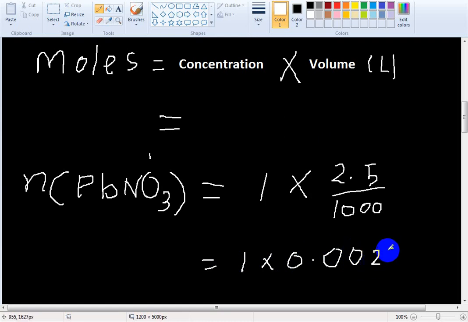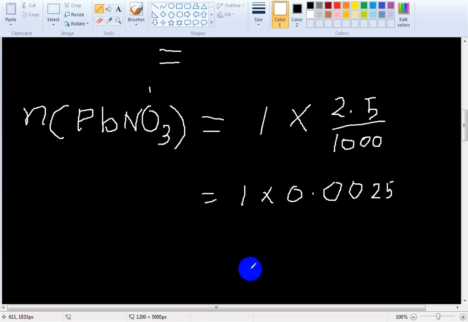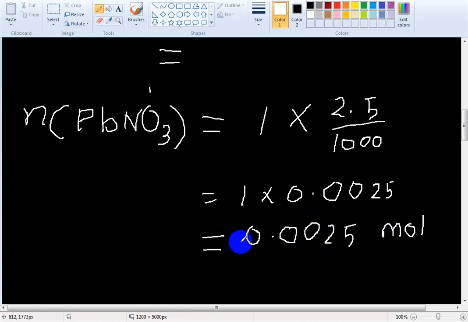That means 0.0025 mole. This is the number of moles of lead nitrate.